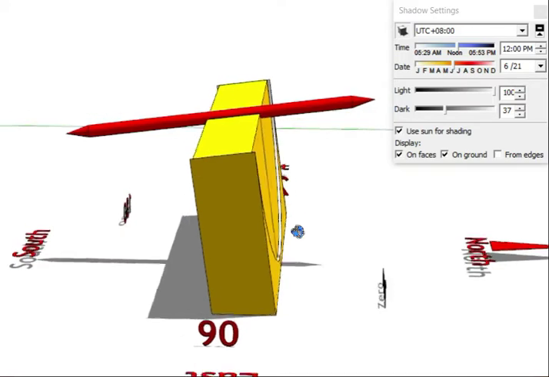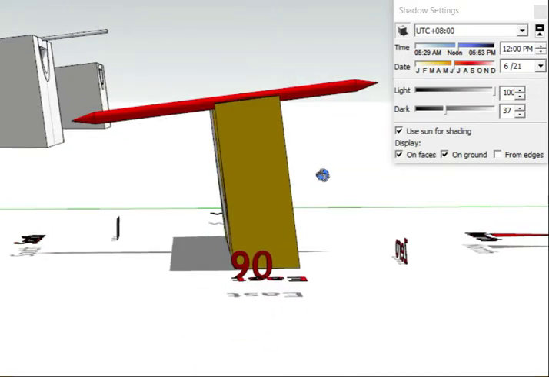If you look at the side view, the gnomon, this rod, is slightly slanted, and the angle between this slant and the ground is 7 degrees, which corresponds to the latitude, 7 north.